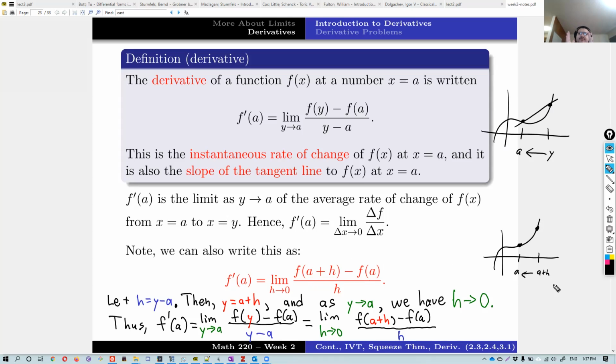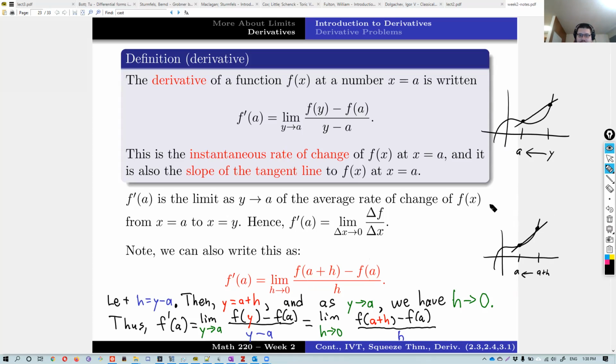So h is just the discrepancy, the little step from one x value to the next. And when we let h go to 0, we're going to let the 2 points collide into one another. What he's done here is he just said this is a variable rewrite. So hopefully that makes sense.